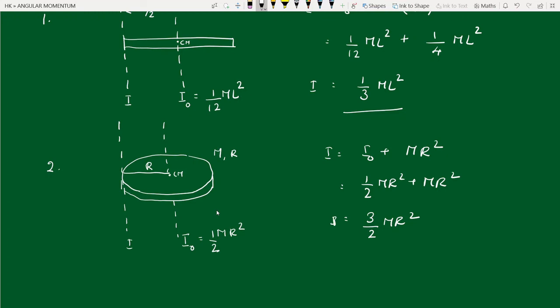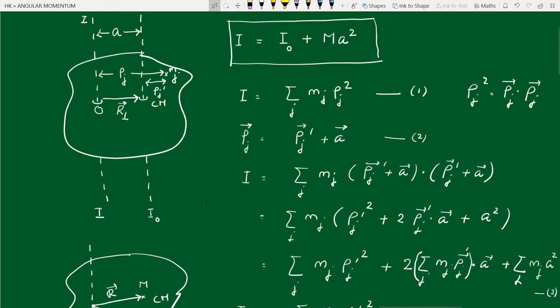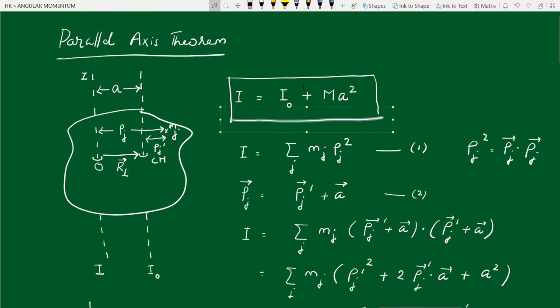So in this way, if you know the moment of inertia of a rigid body about an axis passing through its center of mass, then we can easily calculate the moment of inertia about any parallel axis using this parallel axis theorem. That's the applicability of this theorem.